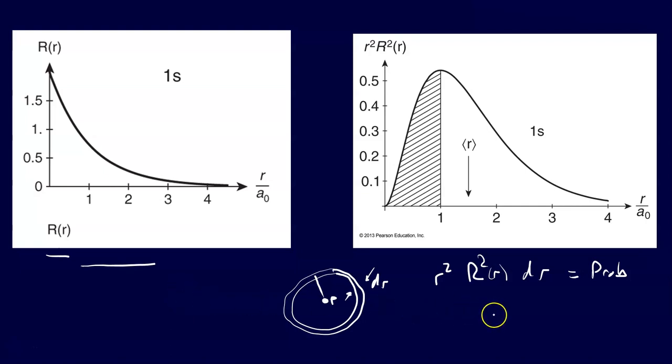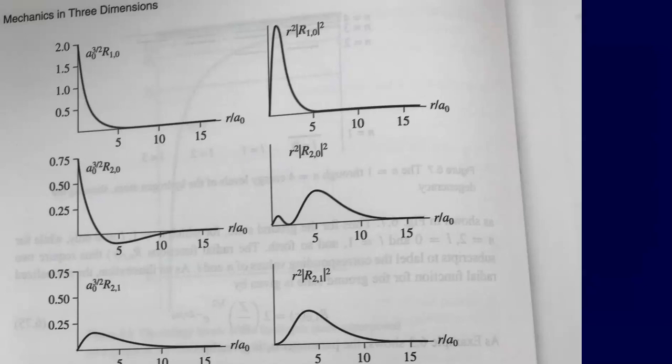So you'll see these pictures. They can all be kind of instructive. I just wanted to show and explain that difference a little bit. Here's a picture of some more of these. And you can see with the radial probability density pieces over here, here are these nodes we were talking about before.